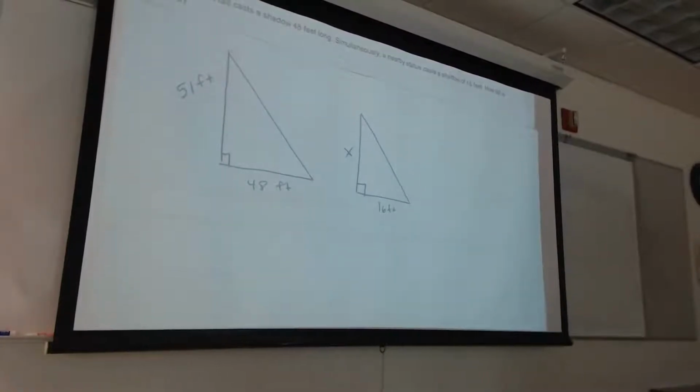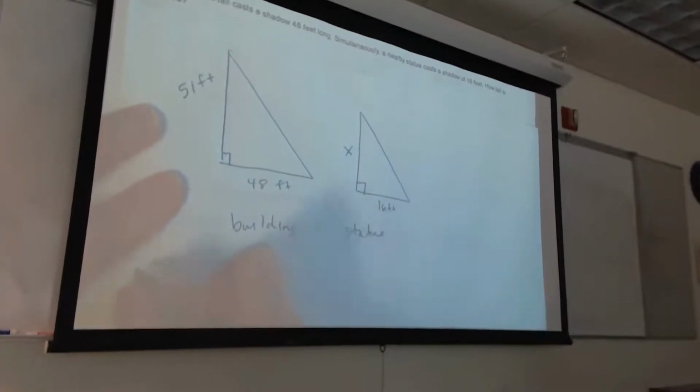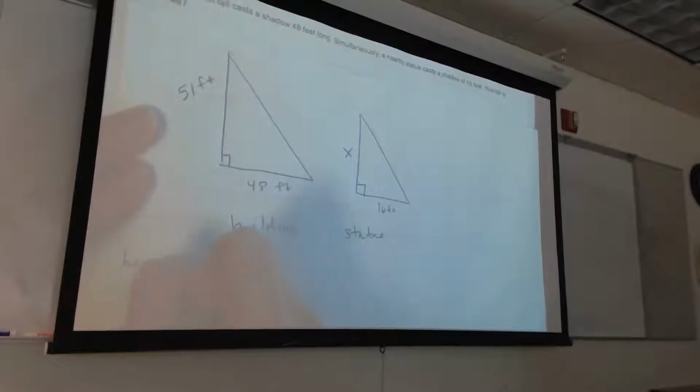If you are able to set up proportions, you can probably get about 30 or 40% of the questions on this test by doing a proportion of some sort. When setting up proportions, write it in words first. So I'm going to talk about the building and the statue, and this is going to be the height over the shadow.